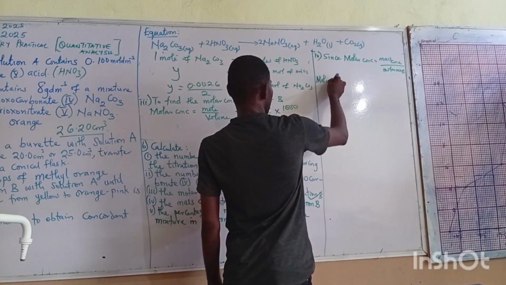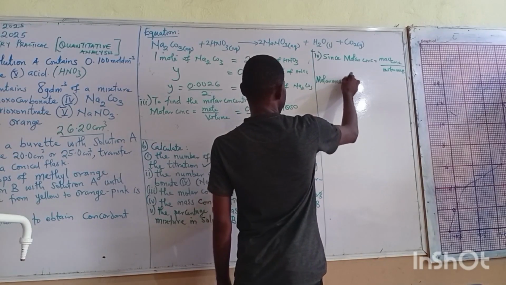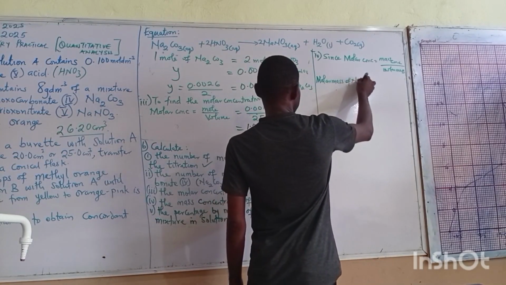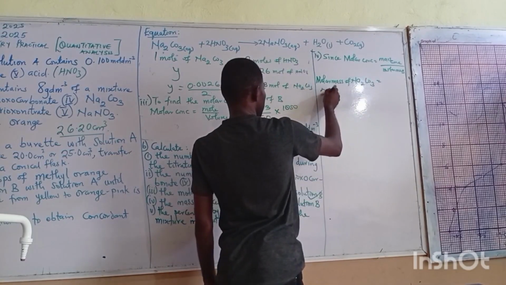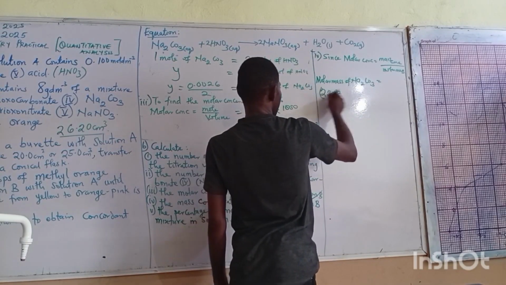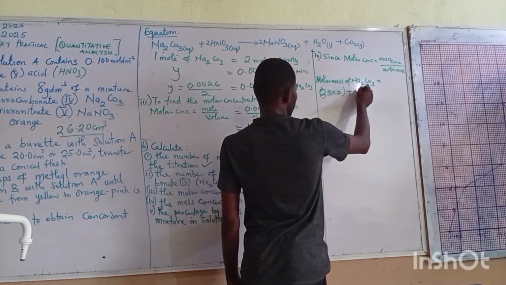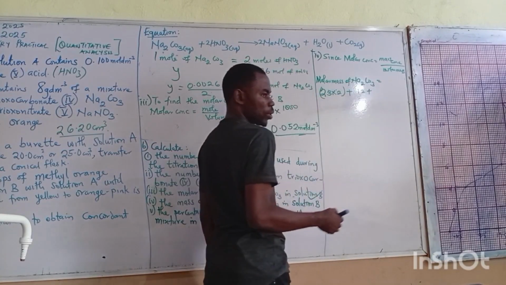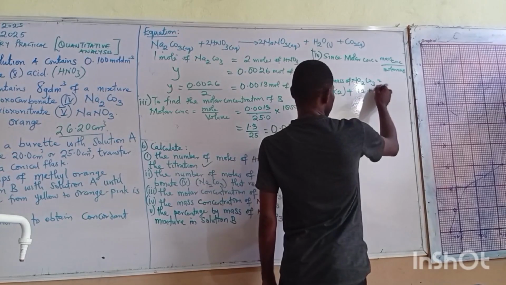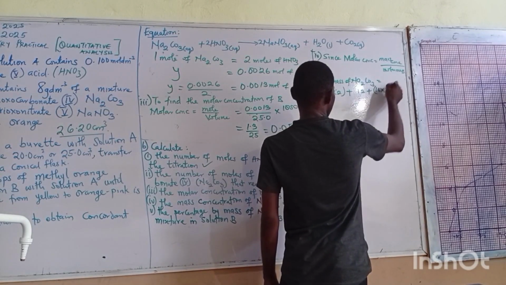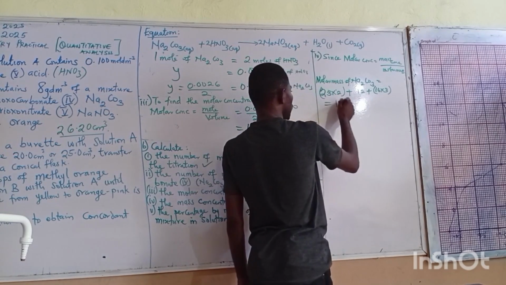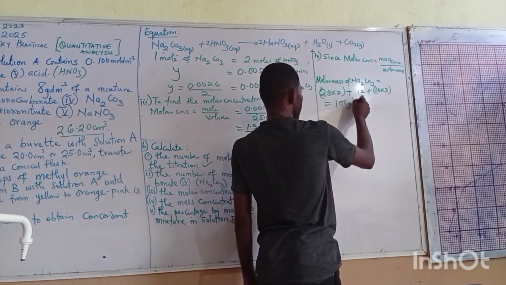The molar mass of sodium carbonate is 23 times 2, plus carbon, which is 12, plus oxygen, 3, that is 16 times 3. When we put everything together, we are going to get 106 gram per mole.